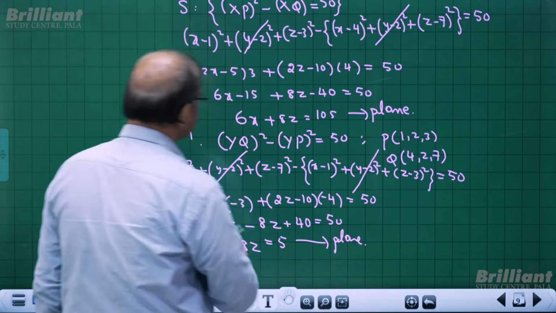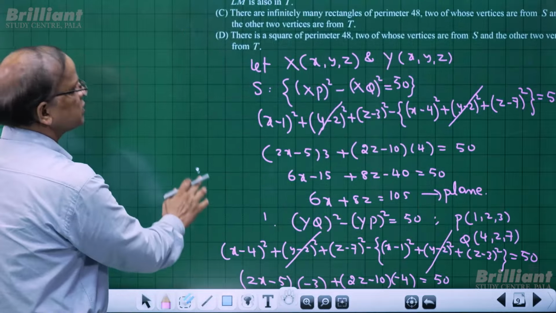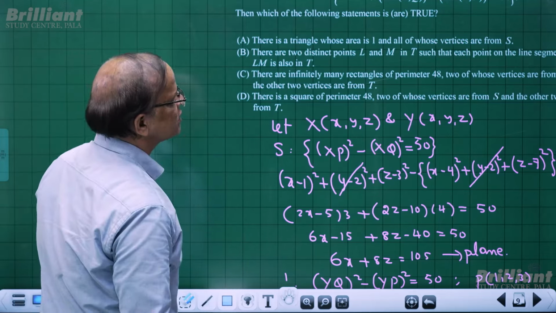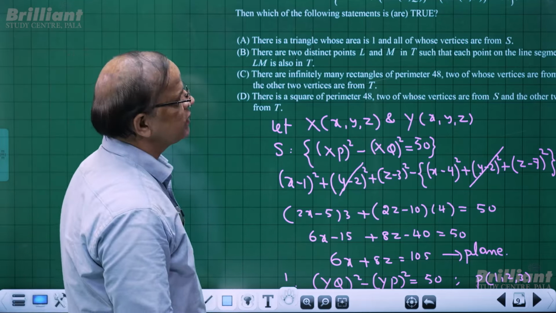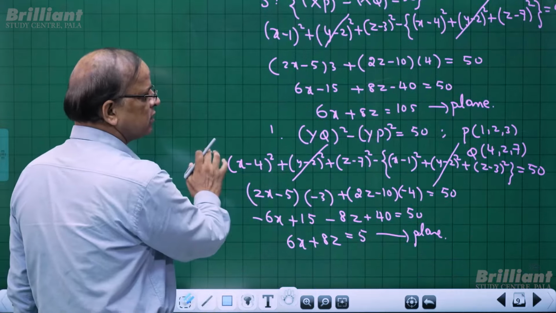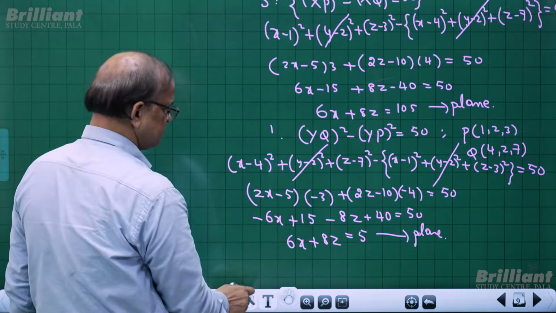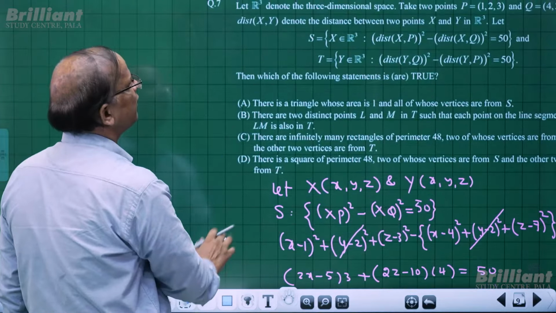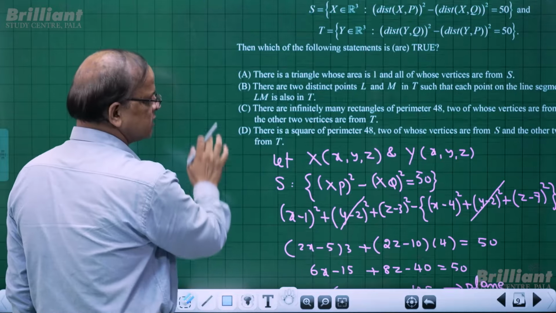Now, what is the question? Option A: there is a triangle whose area is 1 and all whose vertices are from S. Our S is this plane, and T is the second one.